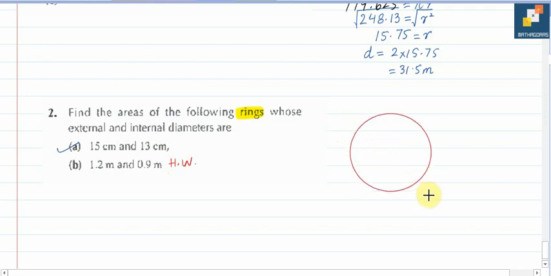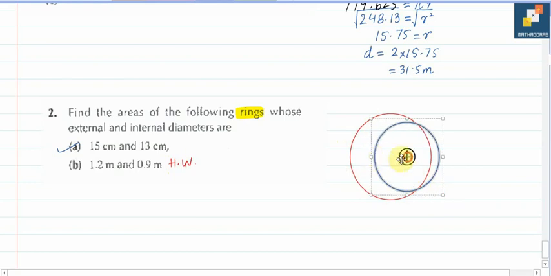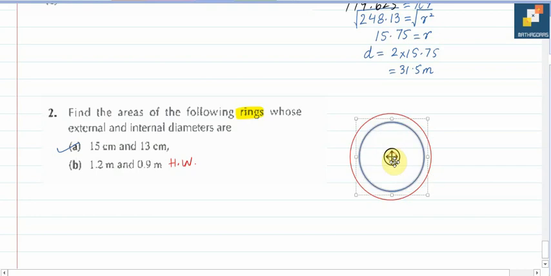Let's suppose that is the outer diameter, that is 15, and we have an internal diameter like this, right? So this shape is our ring, and this part is basically empty because it is hollow, right? So that is how your ring looks.